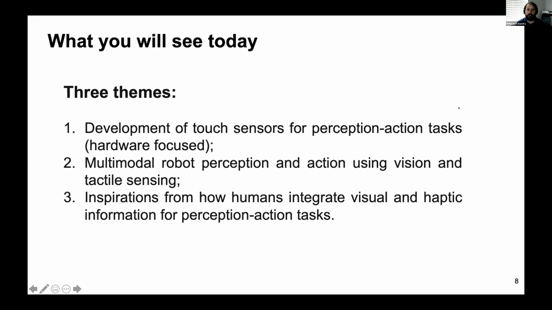But eventually, the part that I think we as roboticists care more about is closing the loop for control. Being able to use touch for having better grasp, having touch for controlling better in-hand manipulation. These are the things that I think are important beyond just pure perception.